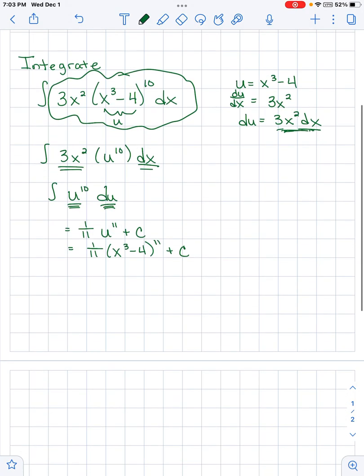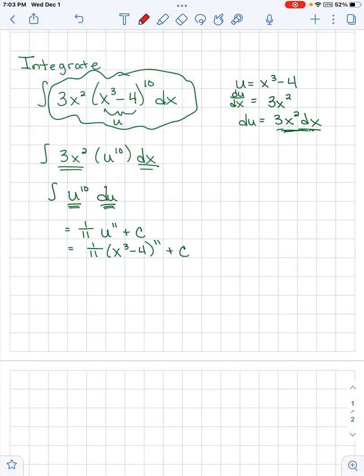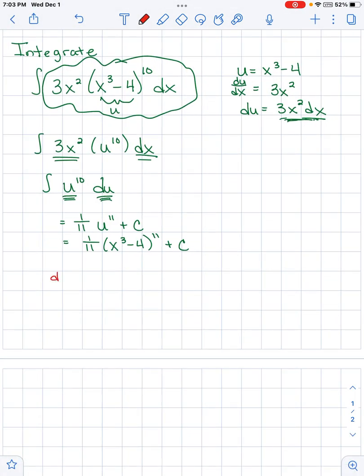So let's find this derivative and let's check our answer to make sure that what we did is the correct antiderivative. So I'm going to differentiate 1/11th x cubed minus 4 to the 11th power plus this constant. So what I need to do is use the chain rule, which is exactly what we realized from up above. I'm going to multiply 11 out in front.